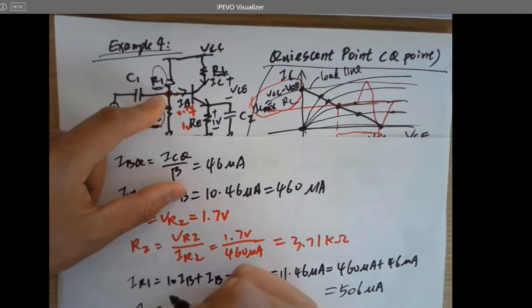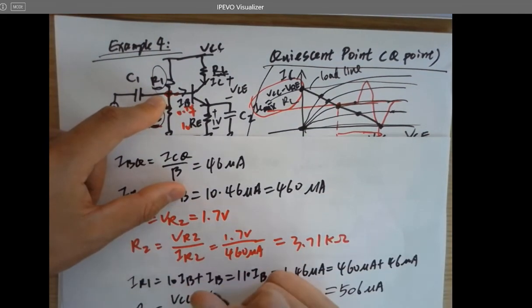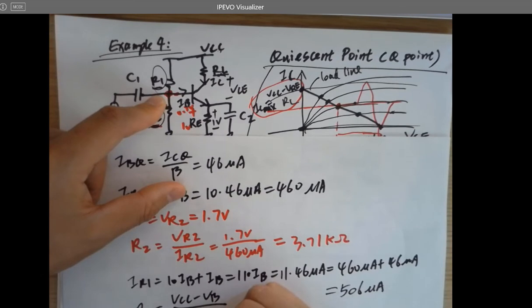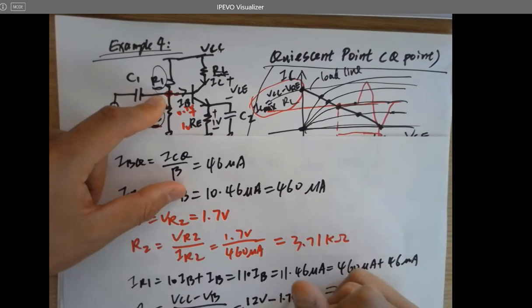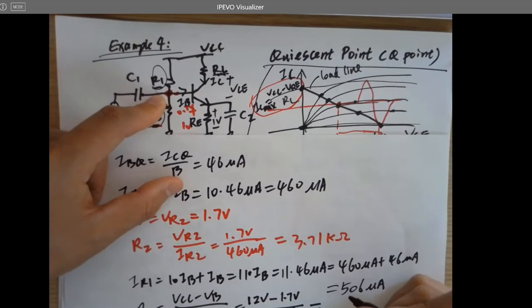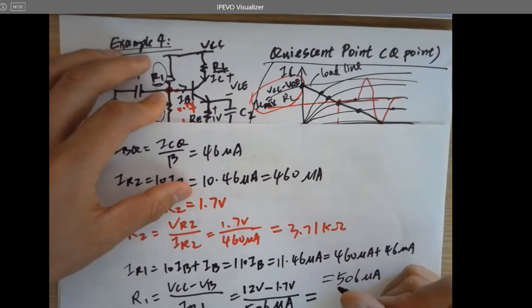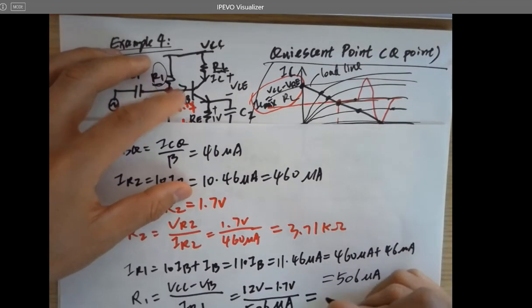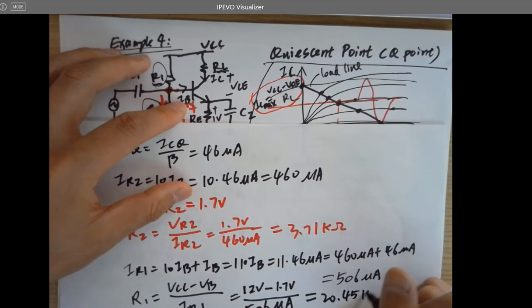R1 equals VCC minus VB over IR1, which is 12 volts minus VB, which is 1.7 volts, over IR1, which is 506 microamps, and R1 is somewhere around 20.45 kilo ohms.